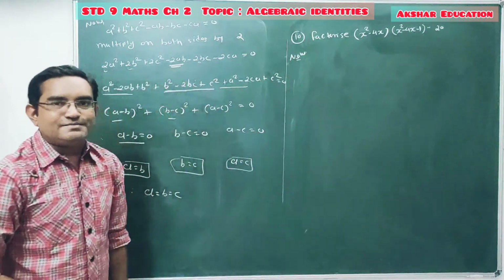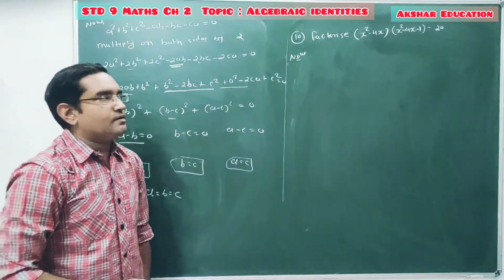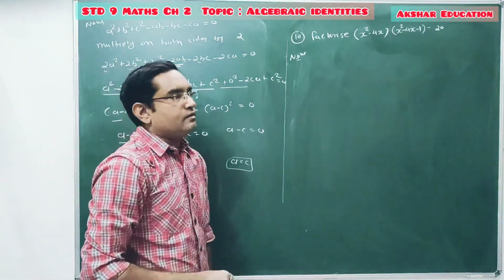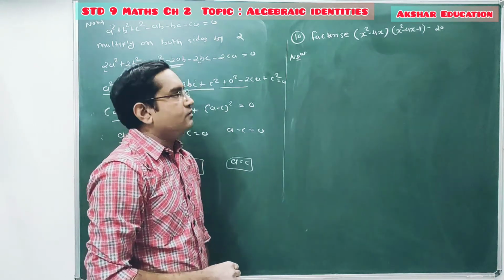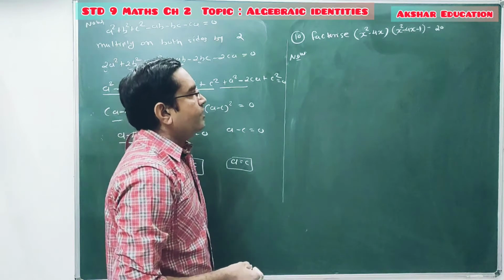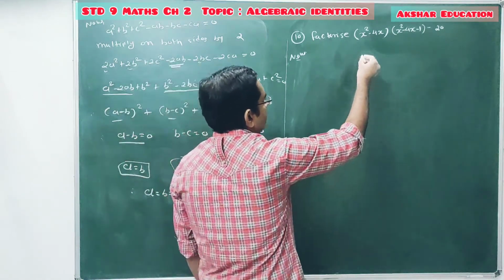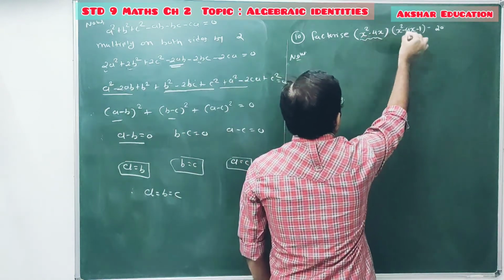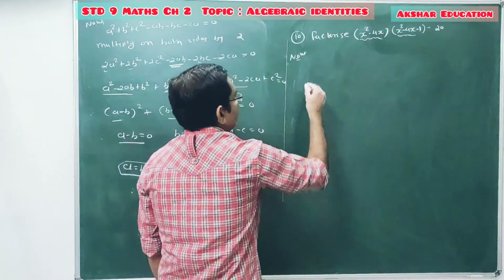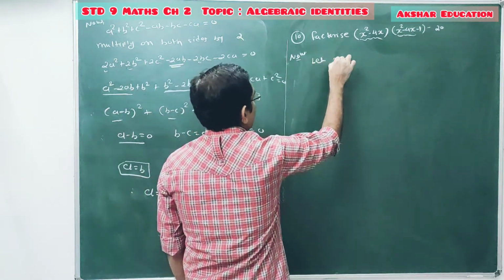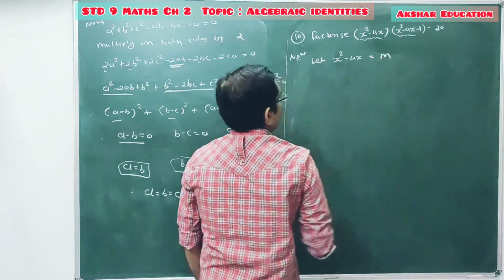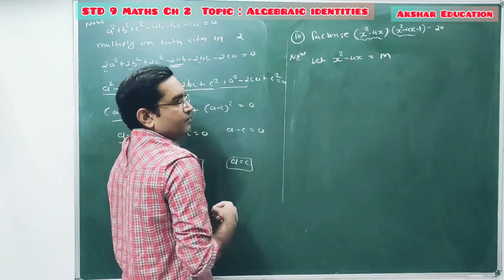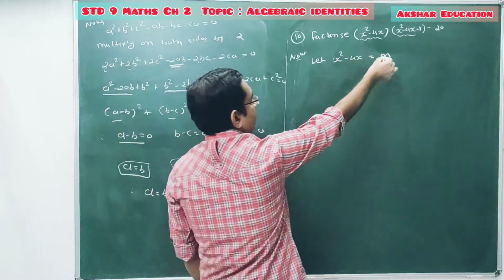Now, question number 10. Factorize x square minus 4x into x square minus 4x minus 1 minus 20. So no option is there. For this type of sum, here we can say that this x square minus 4x is the common. So here we can take this x square minus 4x equal to some variable m. देखो क्या मैजिक होता है ना, x square minus 4x equal to m.